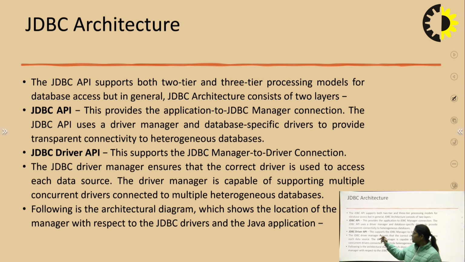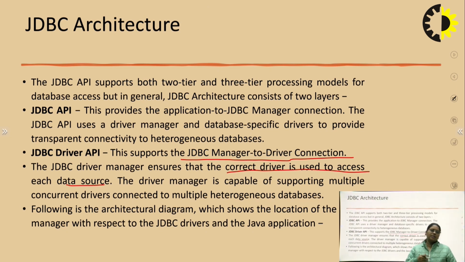Then the JDBC driver API supports the JDBC manager to driver connection. The JDBC driver manager ensures that the correct driver is used to access each data source. It means the driver manager checks whether the loaded driver is correct or not.